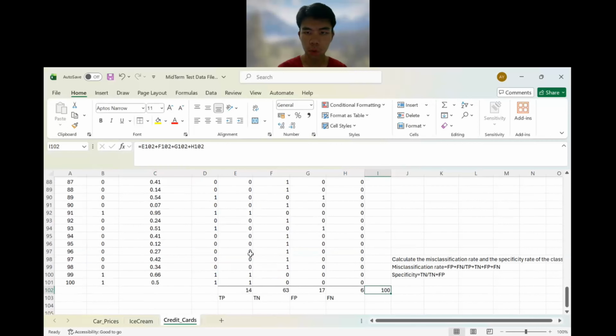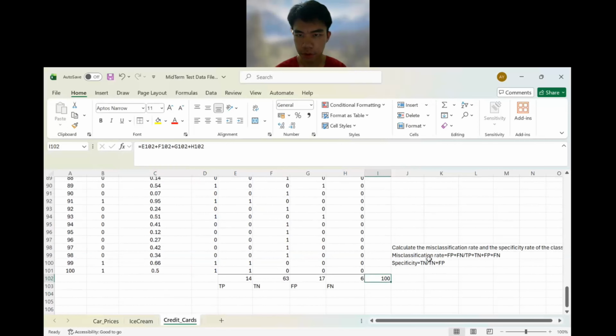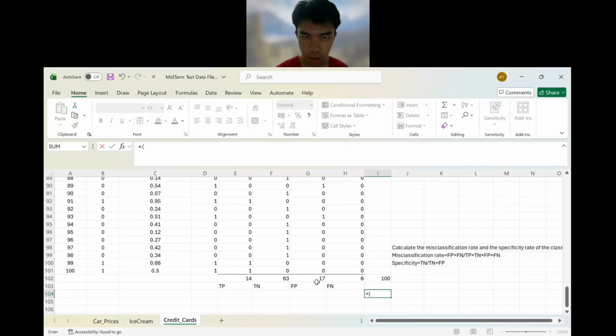Now we need to calculate the misclassification rate. I already wrote the formula here. First we'll calculate the misclassification rate. The formula is false positive plus false negative, and then divide by all these 4.